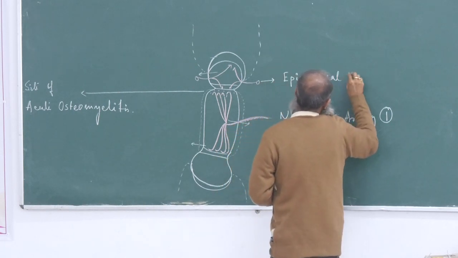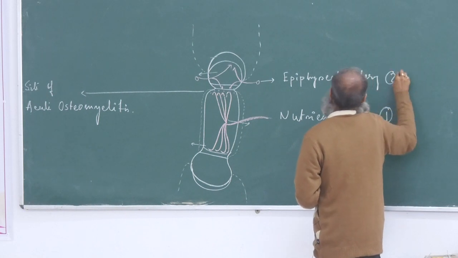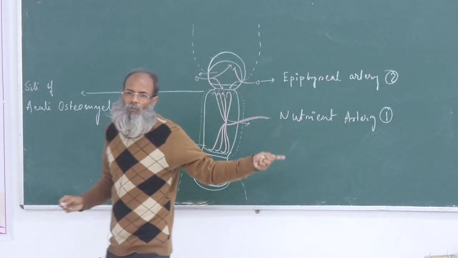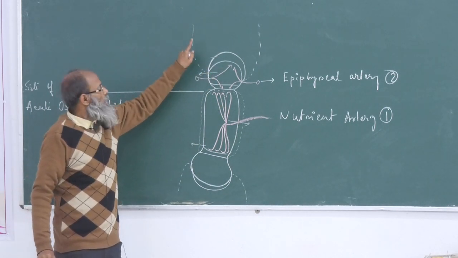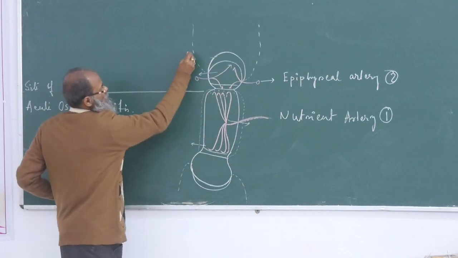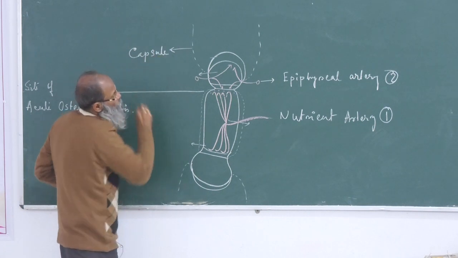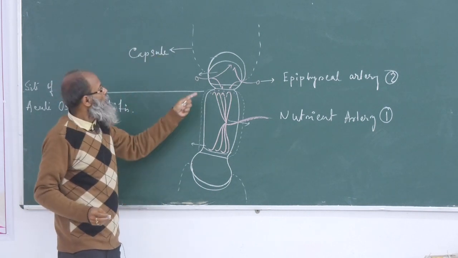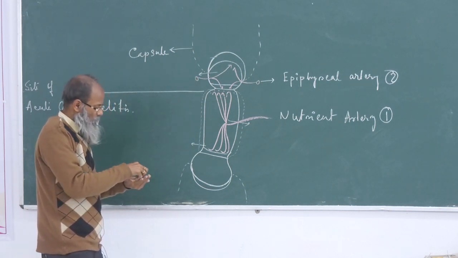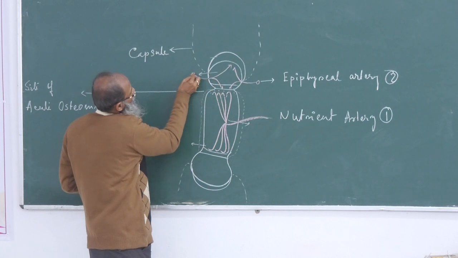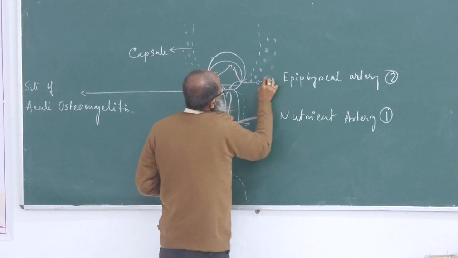Then comes the epiphyseal artery. You see, this articular hyaline cartilage extends up to a point where the capsule of a joint is attached. This is the capsule of a joint. So this epiphyseal artery passes with the capsule of a joint, okay?